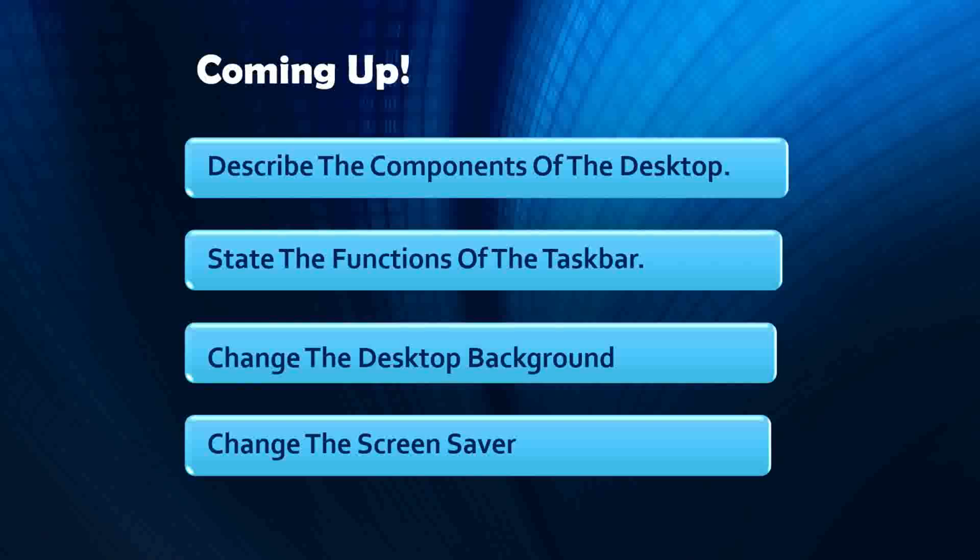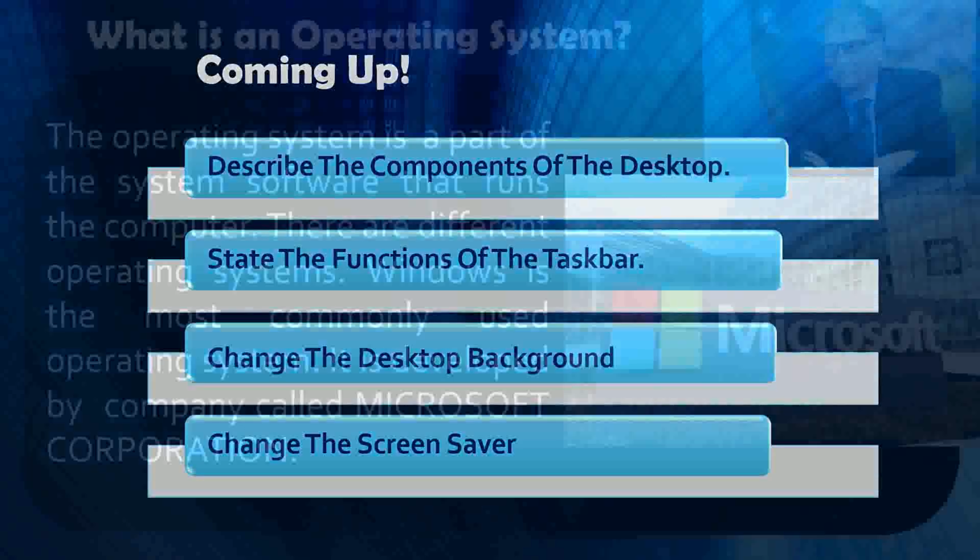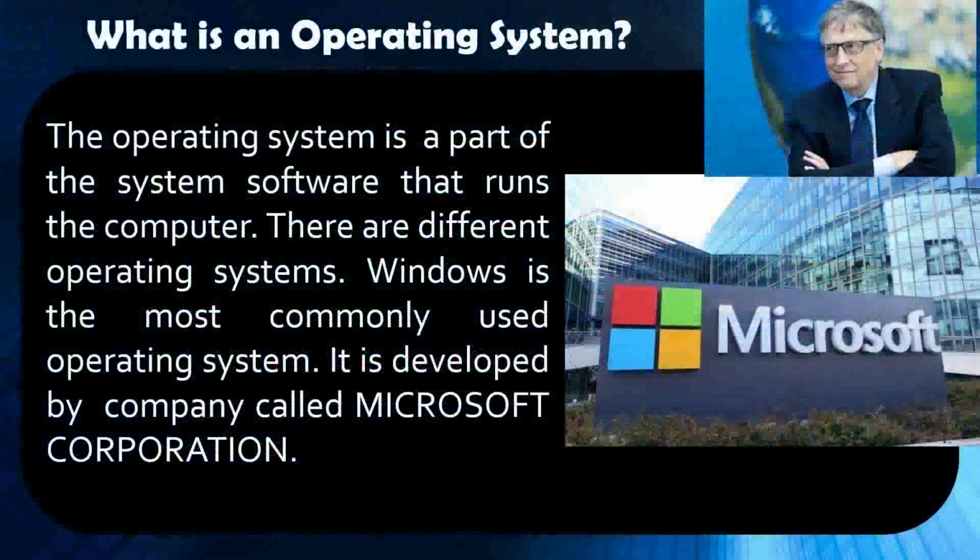First of all, we have learned what an operating system is. In the first chapter also we saw what an operating system is. Basically, an operating system is a part of the system software which runs the computer.